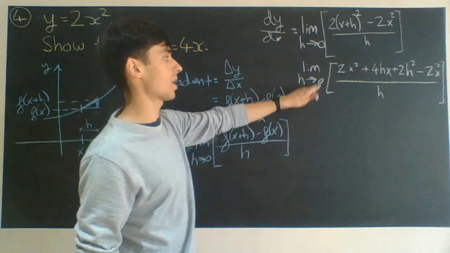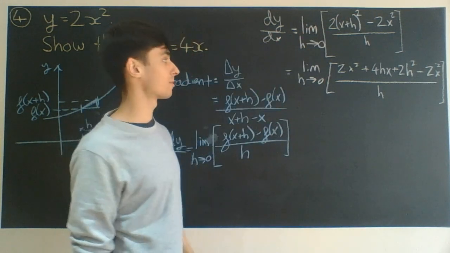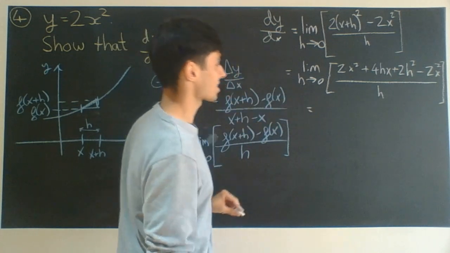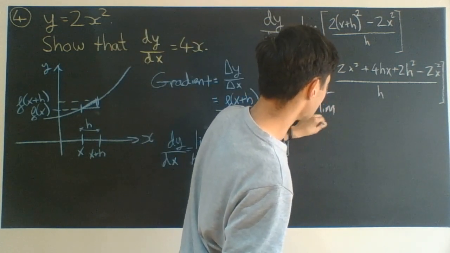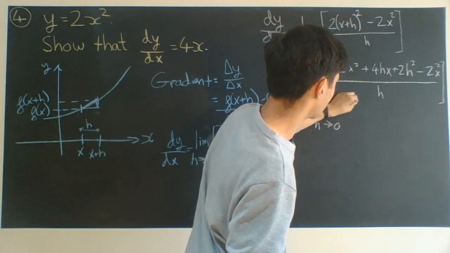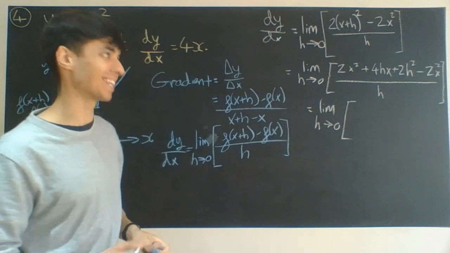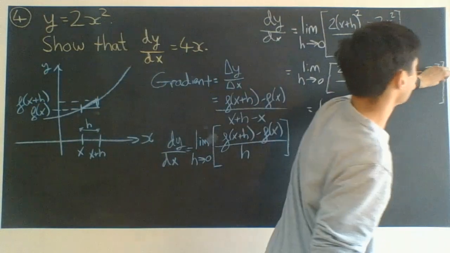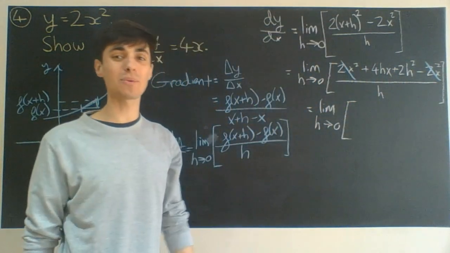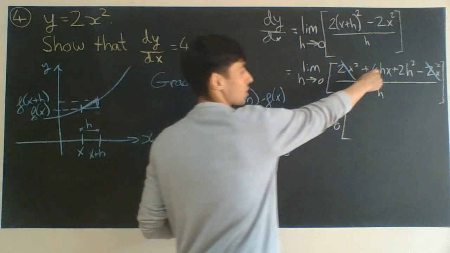So all we did on this line was expand out the brackets from the line above. So now looking at the next line down, we need to remember to keep our limit. The limit as h goes to 0. Well, this is where we can see some nice stuff happening that's going to help us out. 2x squared and a minus 2x squared, they cancel out with each other, they disappeared. Now we should think about the h's on the bottom.